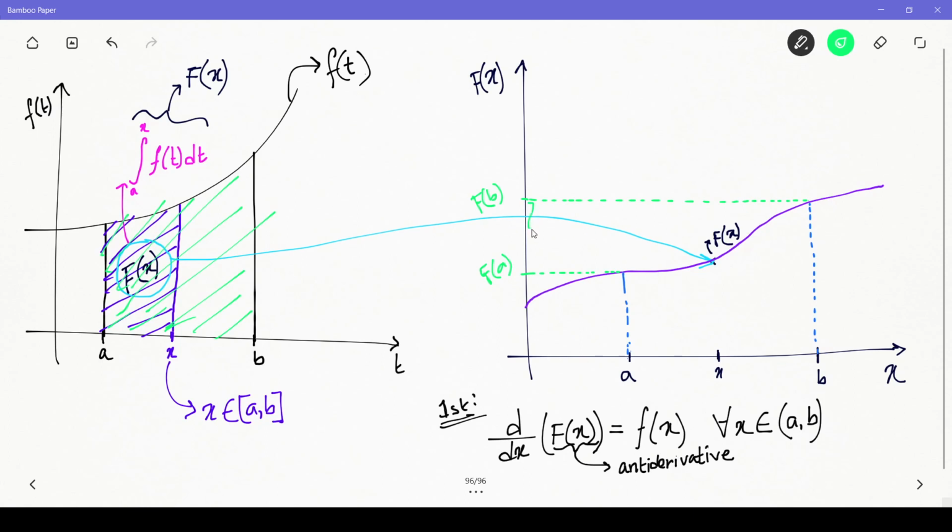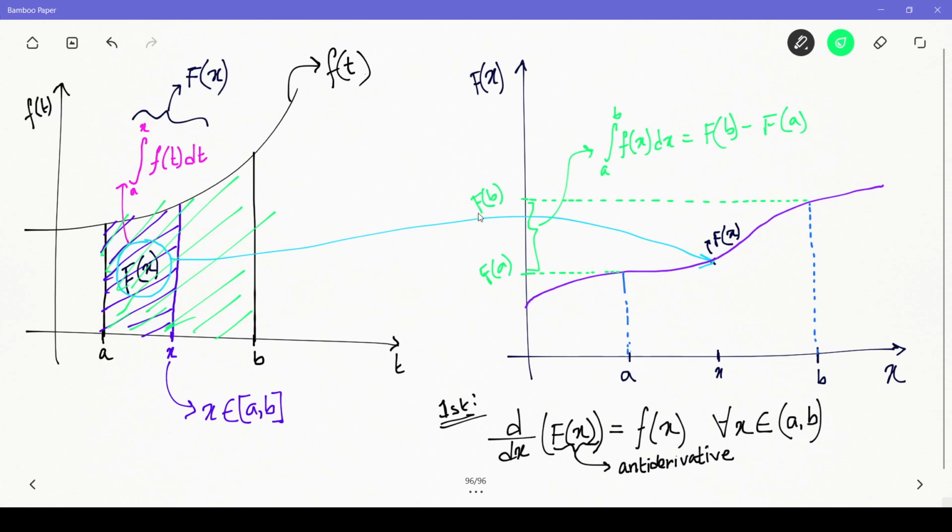So we say that the integration of f of x with respect to dx from a to b is equal to capital F of b minus capital F of a. So the antiderivative value at the upper limit minus the antiderivative value at the lower limit is the value of the area underneath the actual curve.